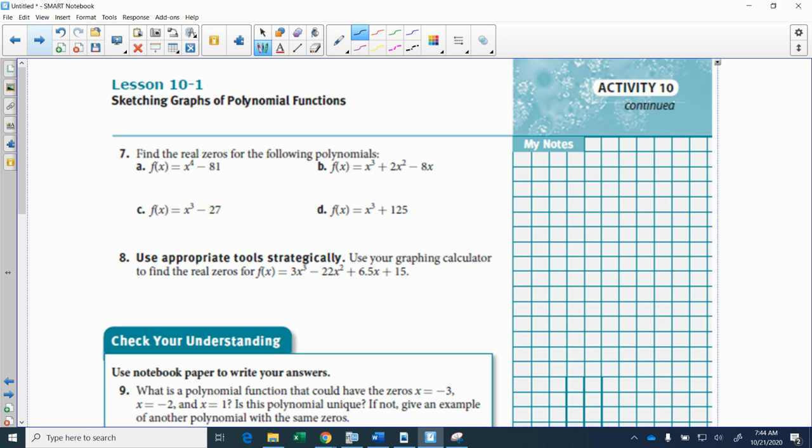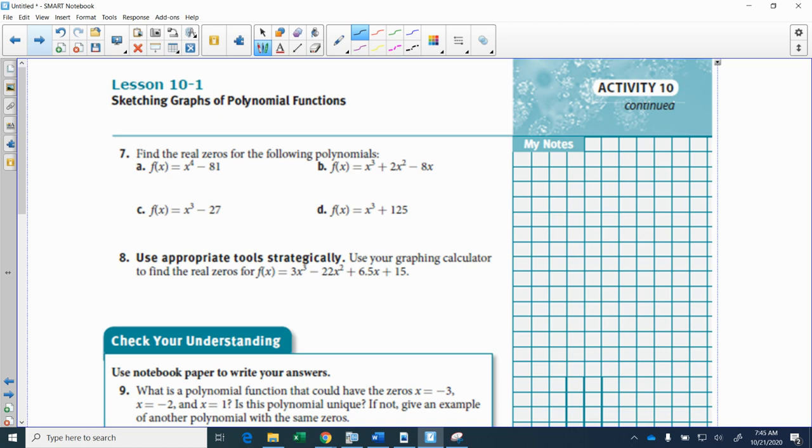Let's just say we don't have specific values. Okay, so for example, like letter A, we have x to the fourth minus 81. When I look at that, I'm trying to think, well, how would I solve a problem like that out? Well, in this case, if I want to solve out this particular problem, letter A or even letter C, let's just go ahead and solve it.